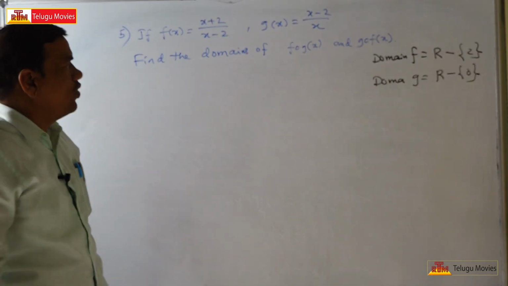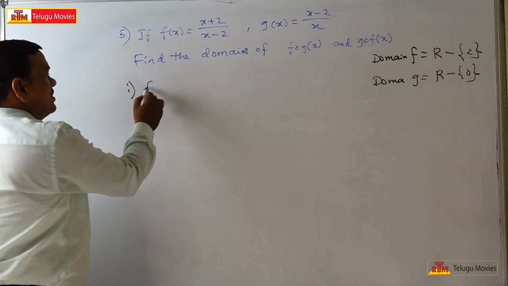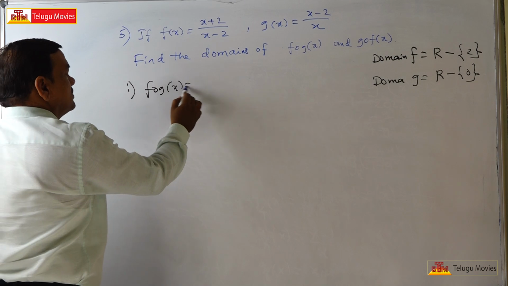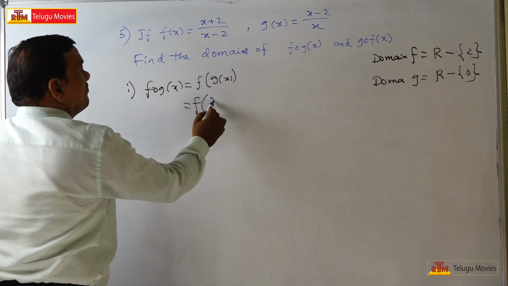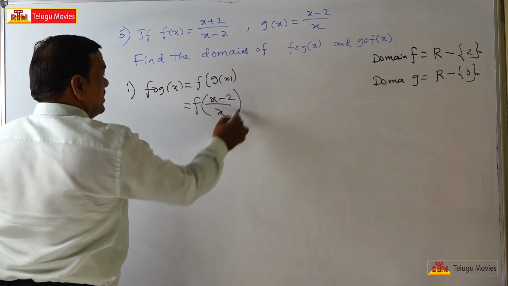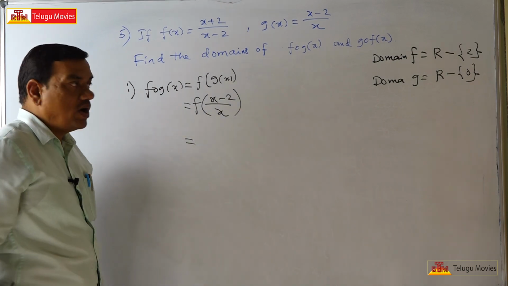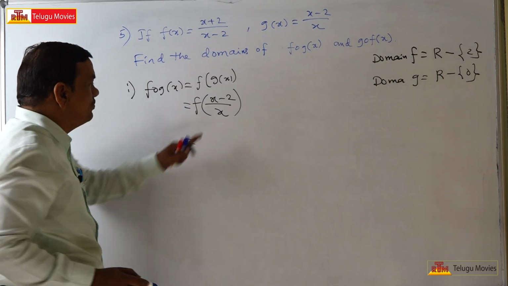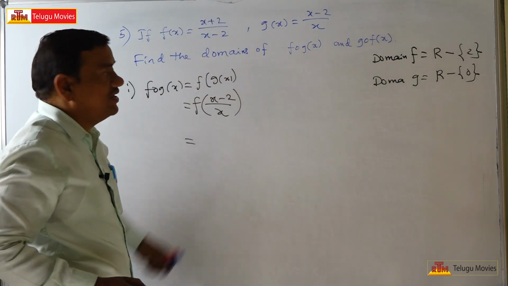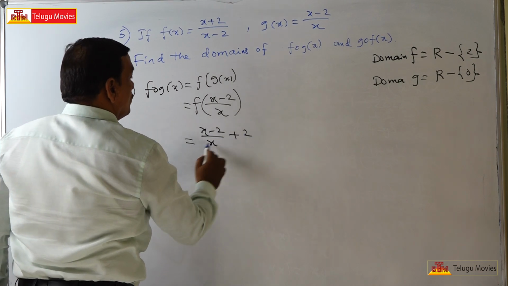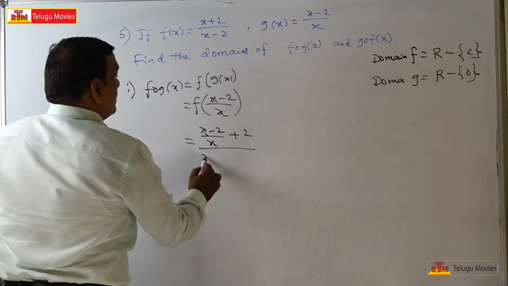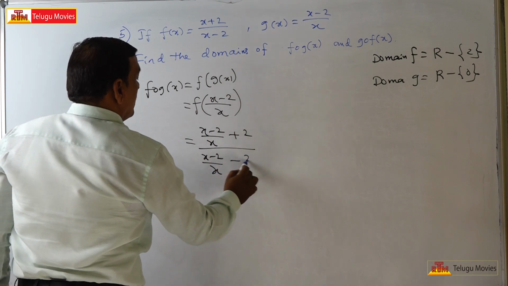That is separate. Now coming to the first problem, f circle g of x. f of g of x. What is f of g of x? x minus 2 upon x. Now this will go into f. So f will take that: x minus 2 upon x plus 2 by x minus 2 upon x minus 2.